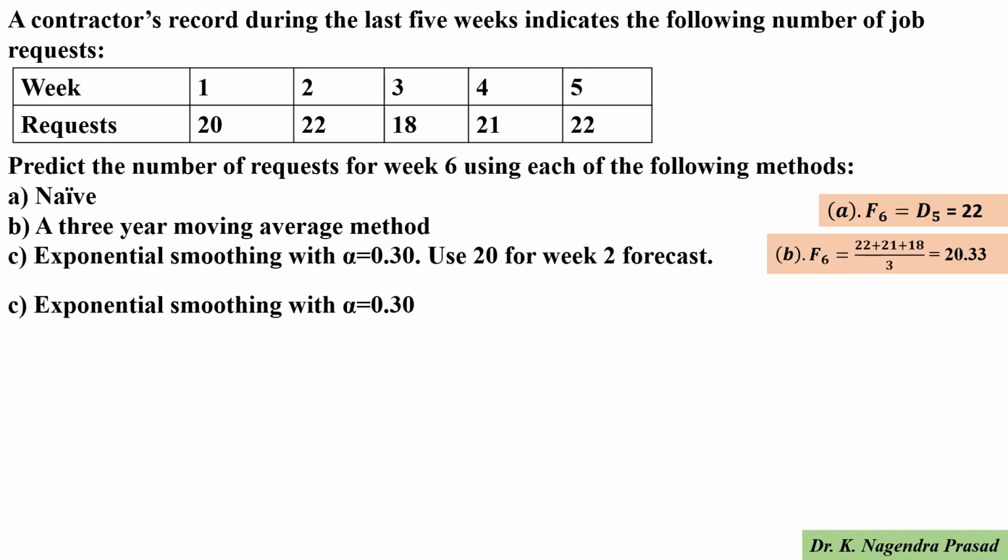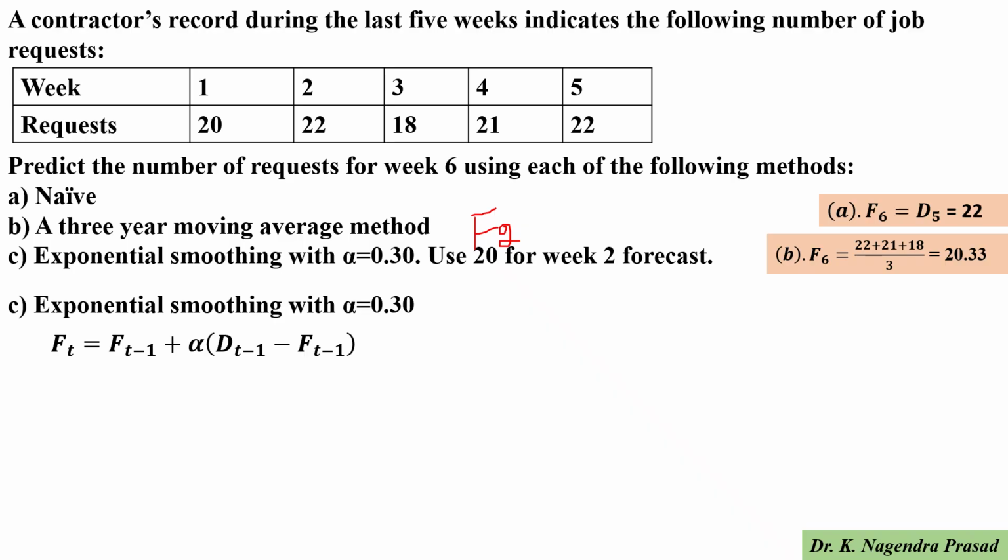Next we will move to the exponential smoothing method, where the alpha value is given as 0.3 and we use 20 as the second week forecast. So F2 is given as 20. We know the formula in the exponential smoothing method: F(t) equals F(t-1) plus alpha times (D(t-1) minus F(t-1)).